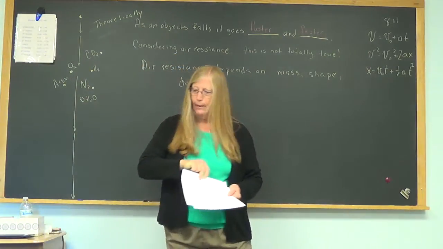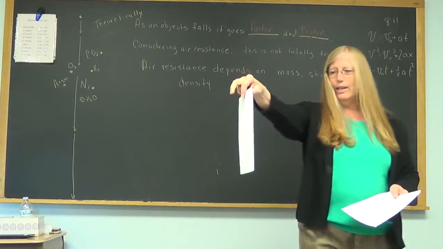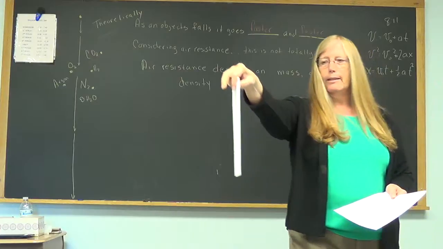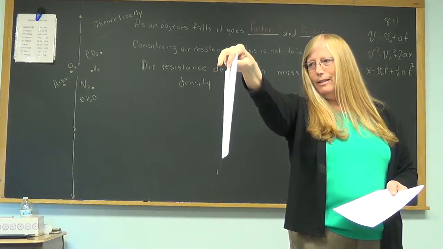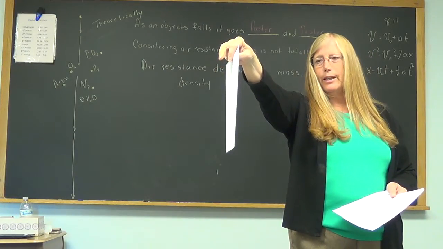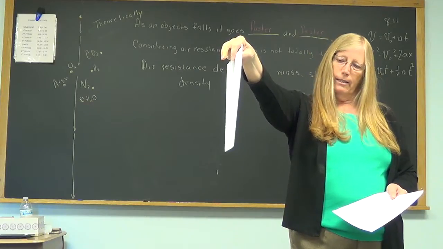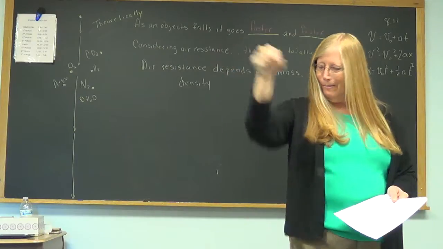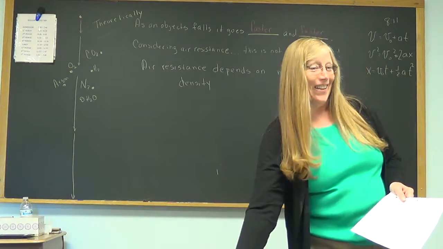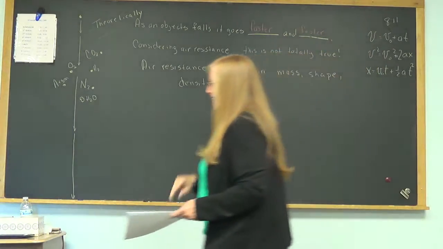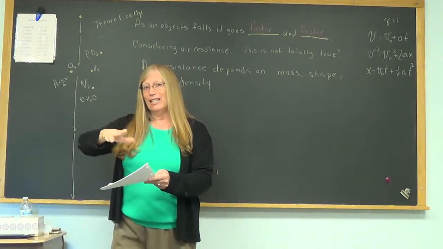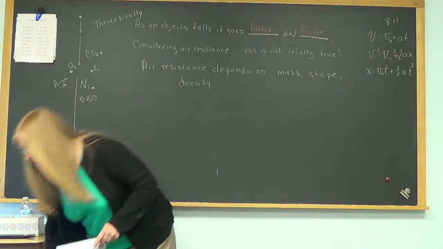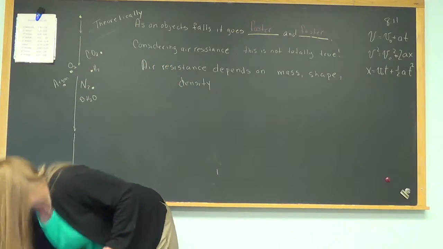When I drop a paper, if I could actually drop it this way, I would reduce the surface area between the object and the air if I could keep it at a straight edge. But did you see for a while it fell like the book, and then it got tilted, and then the air resistance affected it more. So these are the things that we're going to talk about today.